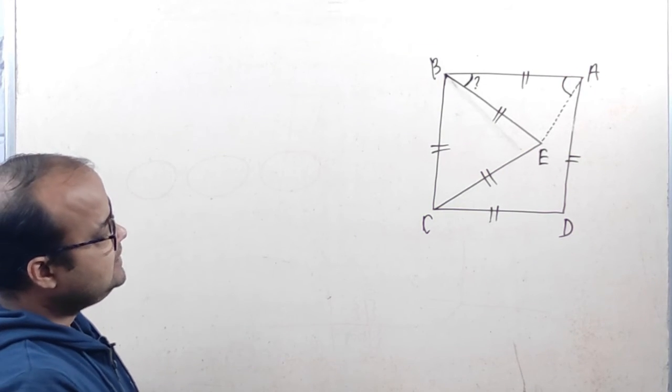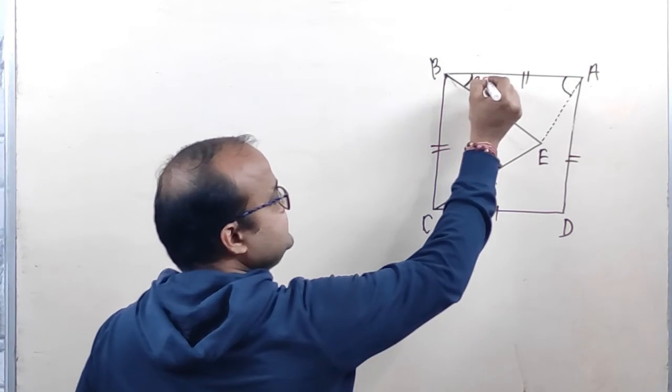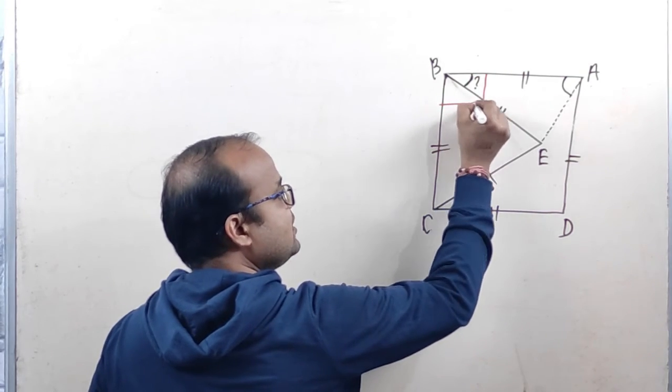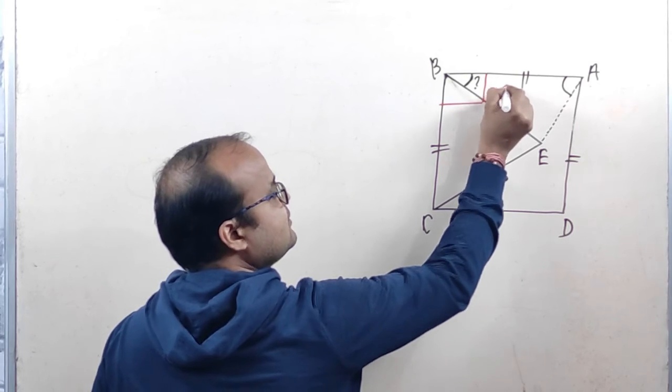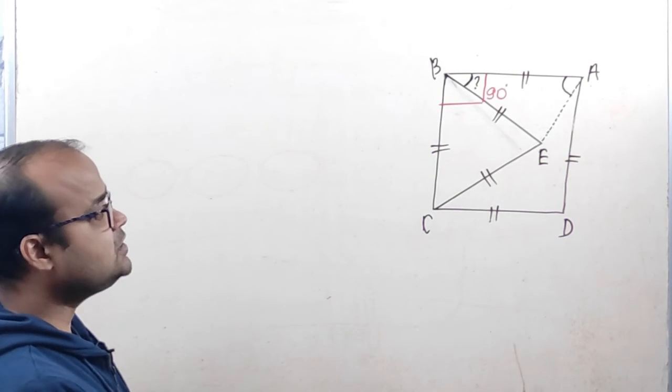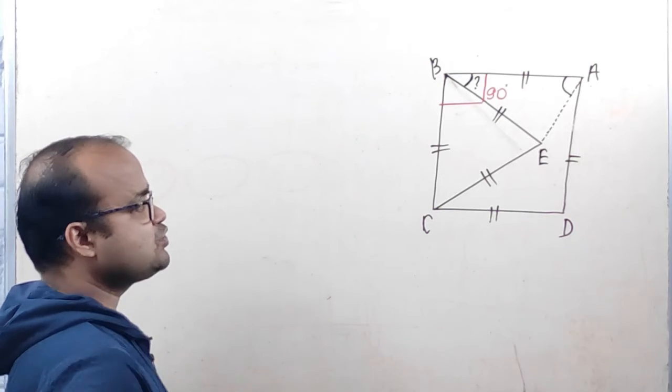Now see, this entire angle is equal to 90 degrees because ABCD is a square.